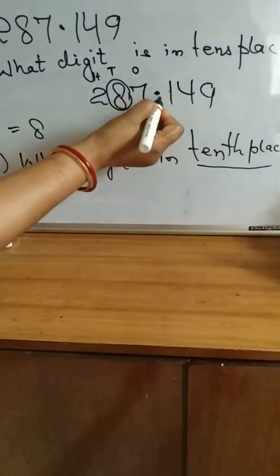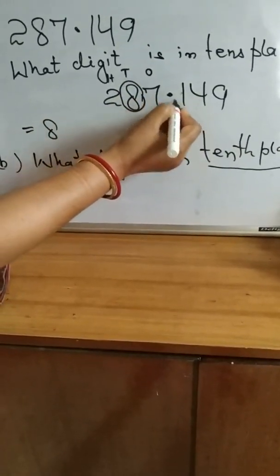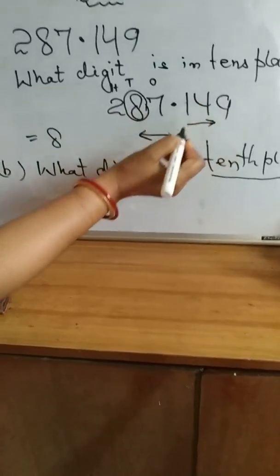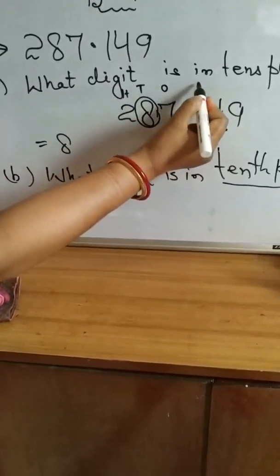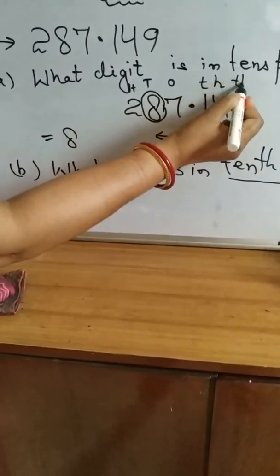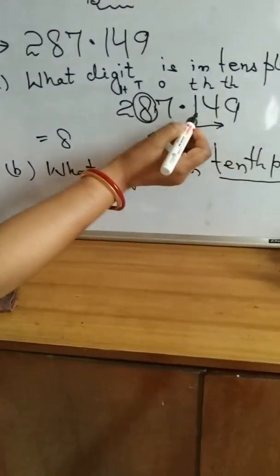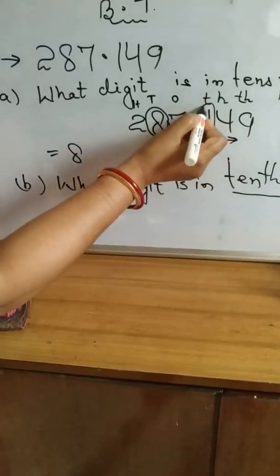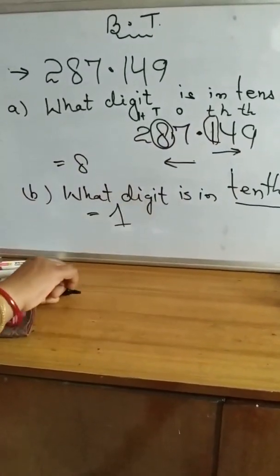The decimal part of this number is to the right side of the point. After the decimal point, the first place value is tenths, then hundredths, then thousandths. So you have to find out what digit is in the tenths place. So here you see that 1 is in the tenths place.